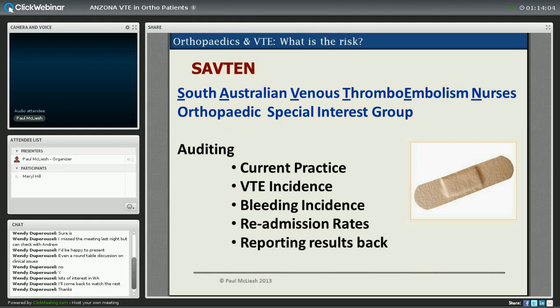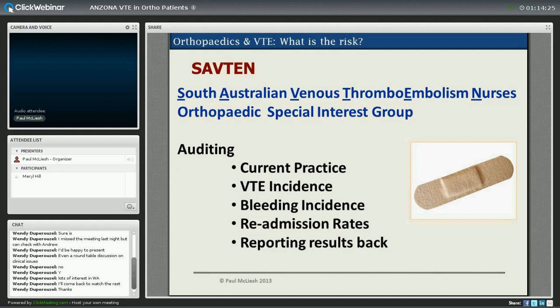So there's a group of South Australian Level 3 orthopaedic nurses that met in 2009, and we decided we wanted to have a look at their current practices, what the actual VTE incidence was, what the bleeding incidence was, what readmission rates were, and then we wanted to report those results back to each individual unit as well.